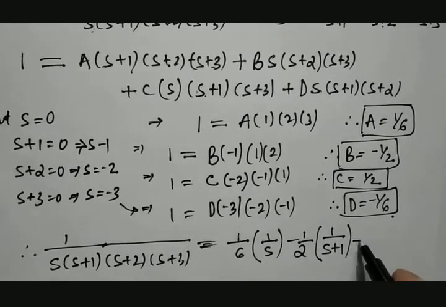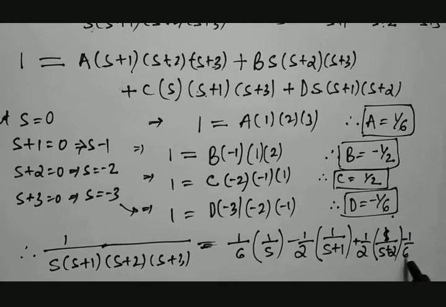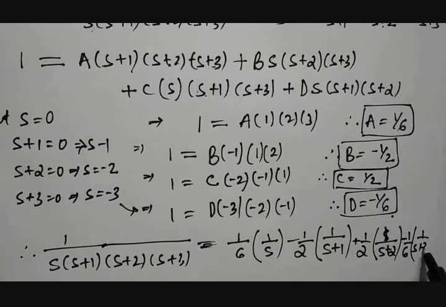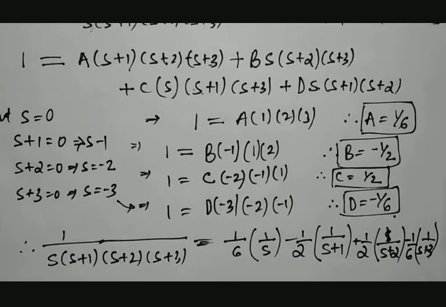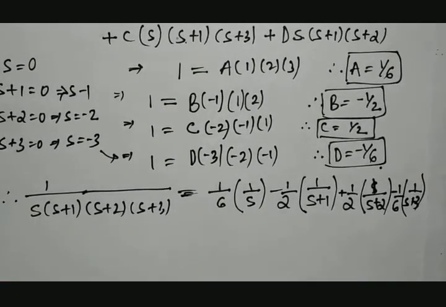Then C is 1 by 2, so 1 by 2 into 1 divided by (s plus 2), then minus 1 by 6 into 1 divided by (s plus 3). Now apply Laplace inverse on both sides.